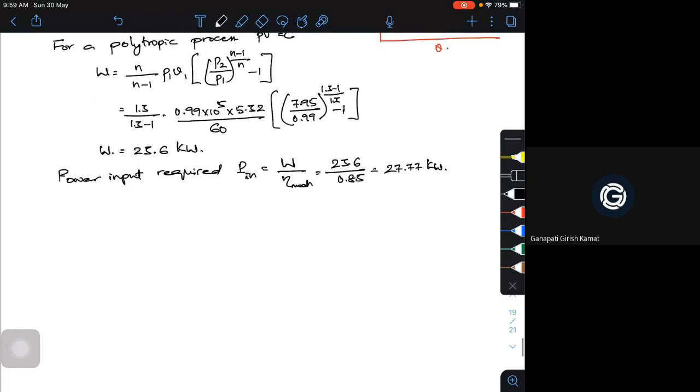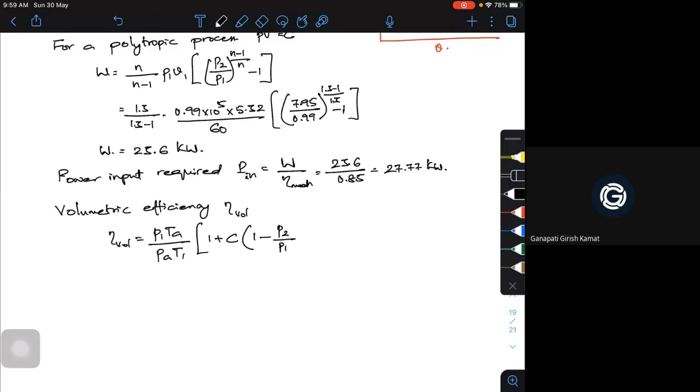We have already derived the formula: the volumetric efficiency is given by P1 into TA divided by PA into T1, into 1 plus C into 1 minus P2 by P1 whole to the power of 1 by N. What is the value of C here?